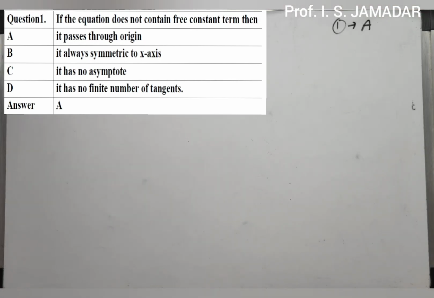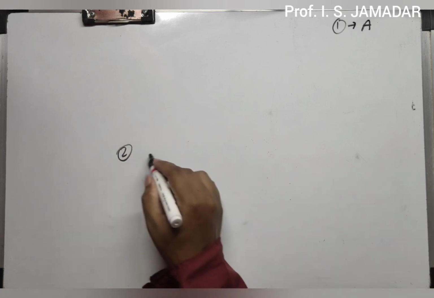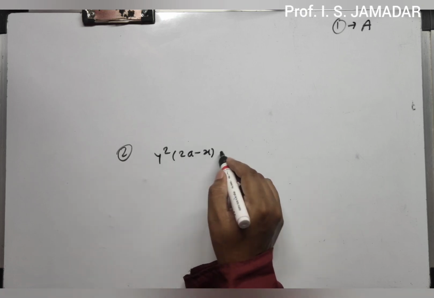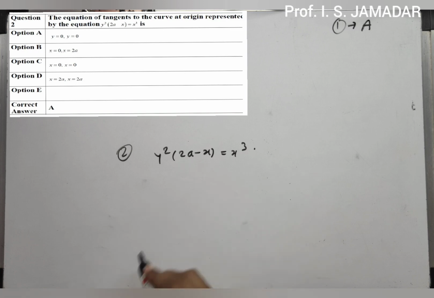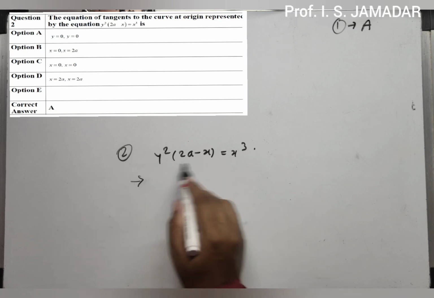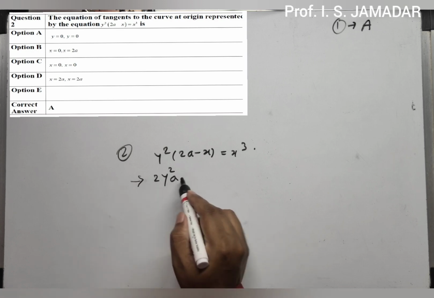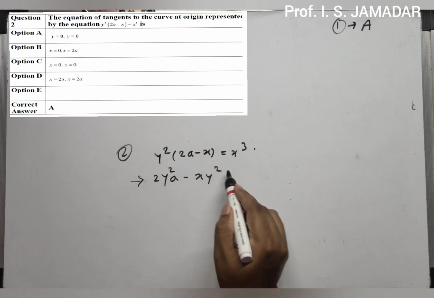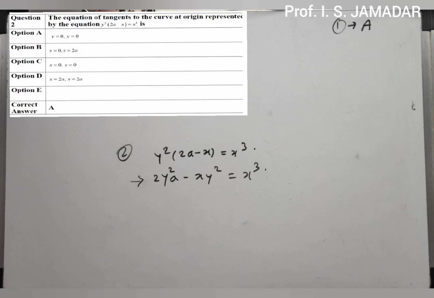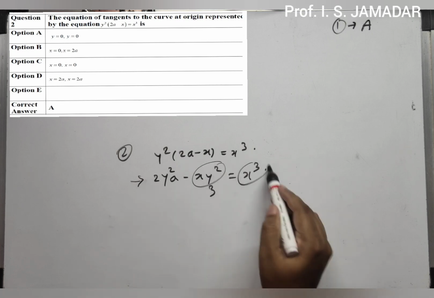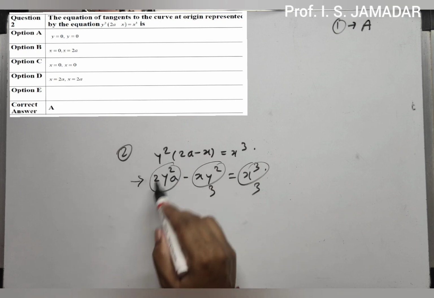Question number 2, we have the equation of tangent to the curve at origin. The curve equation is y square into 2a minus x is equal to x cube. If we expand this, it will be 2a y square minus x y square is equal to x cube. What is the least degree term? Here the degree is 3, here also degree is 3, and here degree is 2.